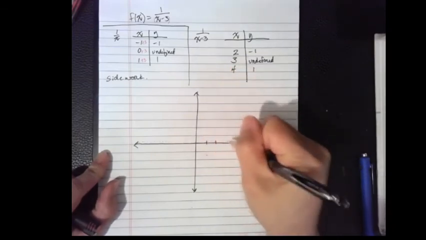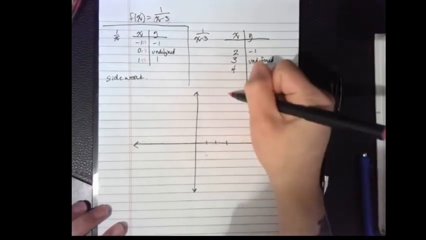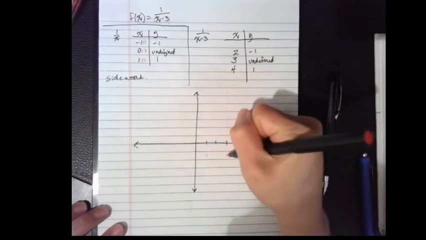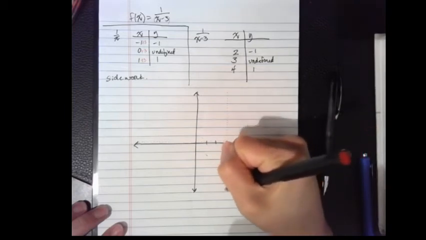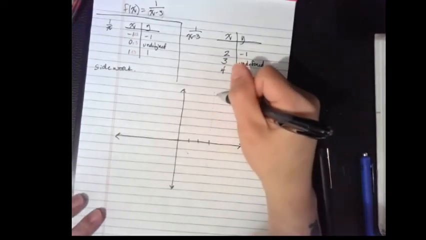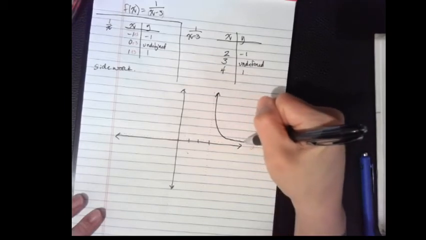So 1, 2, 3. I'm sorry, x equals 3. So now my vertical asymptote also shifted 3 places to the right. Okay. So now I can just fill in the rest of my graph from what I know.